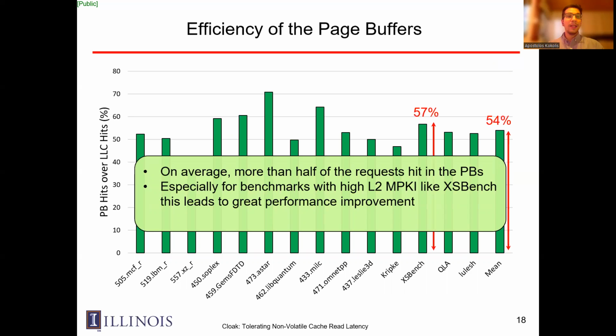And especially for benchmarks with high L2 MPKI, like XSBench, that sees 57% of the LLC requests hitting in the page buffers, this leads to great performance improvement. Also, we see that most of the TLB hints that we receive from the L1 TLB are able to activate the cache lines in a page buffer. So most of the time we have a page buffer available to activate cache lines from a new page.